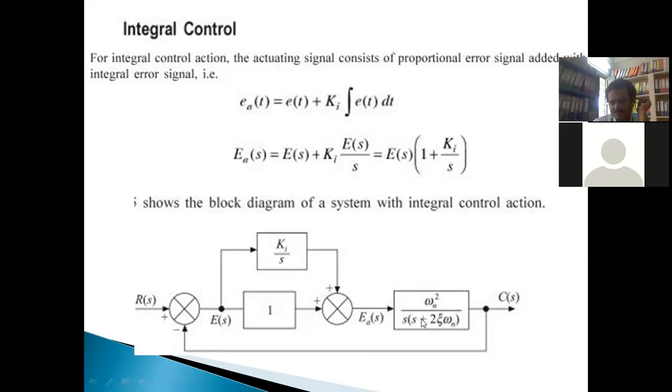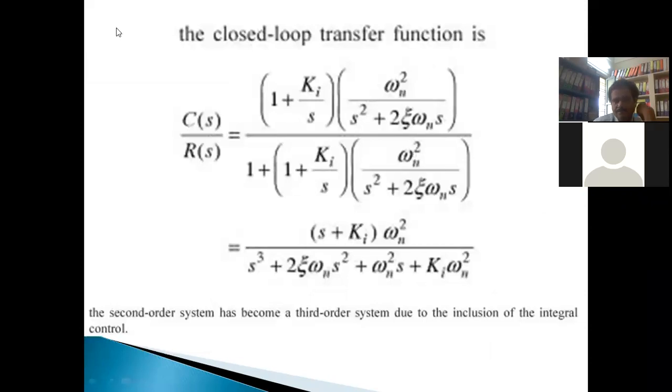This is okay. Just draw the figure. Standard second order system. So this is integral control. Okay, now the closed loop transfer function.